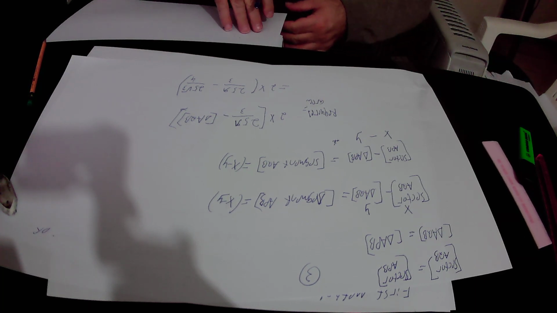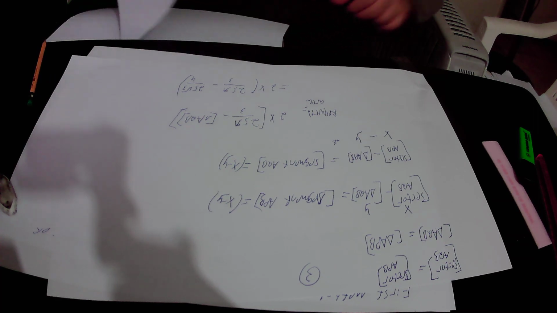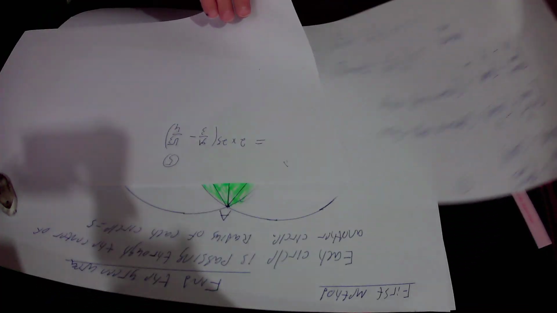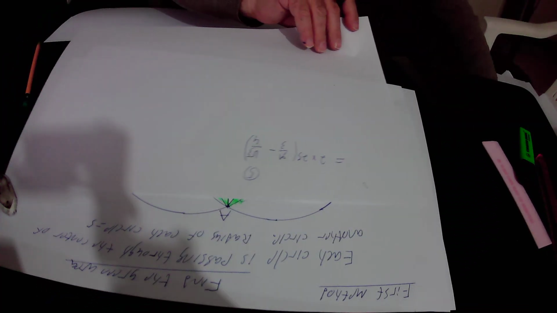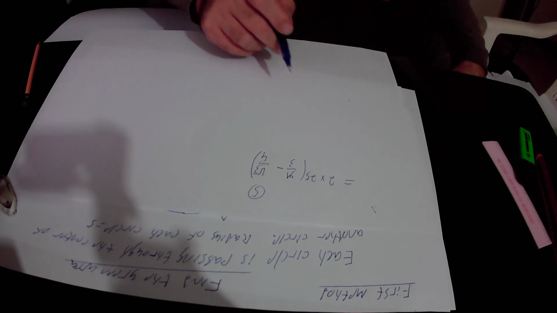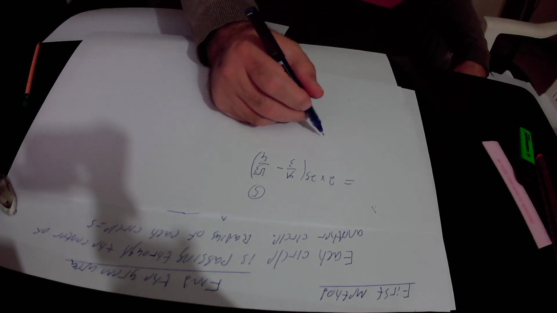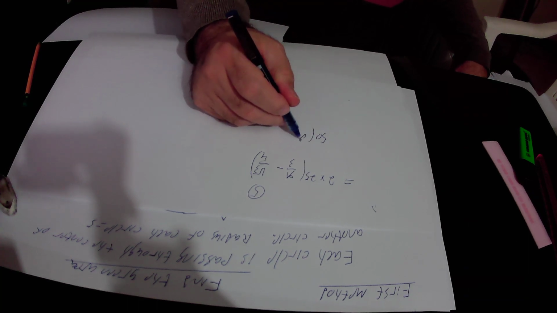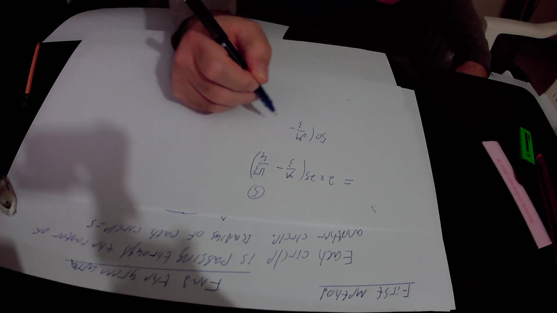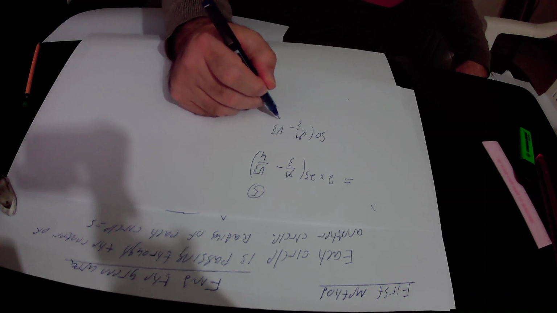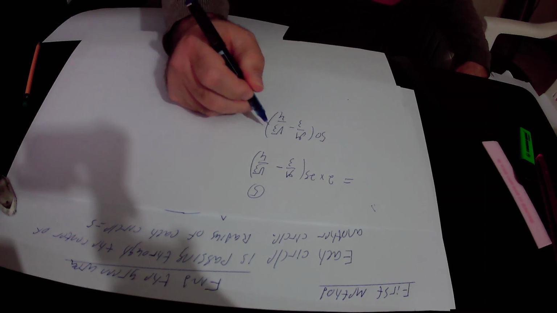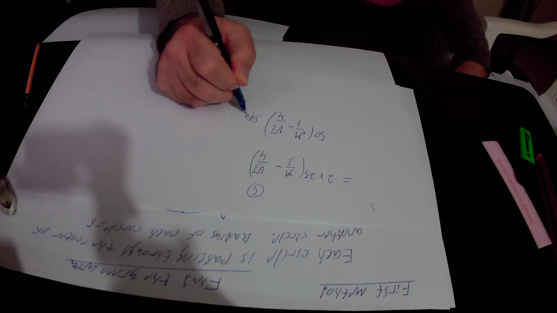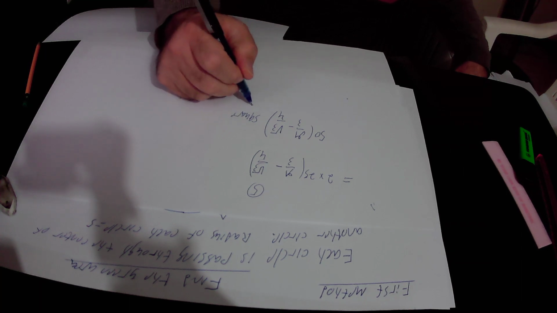So we actually found out that the required area equals 2 times 25, which is 50, times pi over 3 minus square root of 3 over 4 square units.